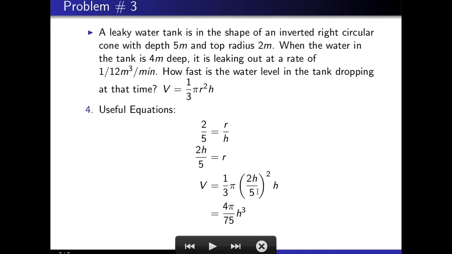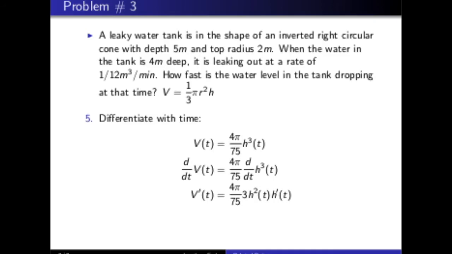So using this relationship for r in terms of h, we can put that into our volume expression and reduce it down to a volume just in terms of h. And when we simplify this down, we'll get 4 pi divided by 75 times h cubed. So that now is just a function for the volume in terms of a single variable h, and we can now proceed as we have in the last couple of examples.